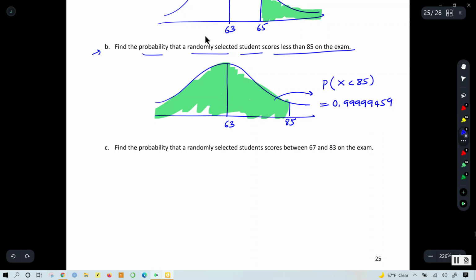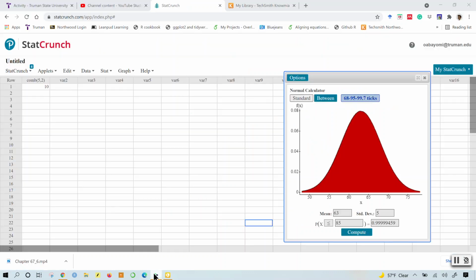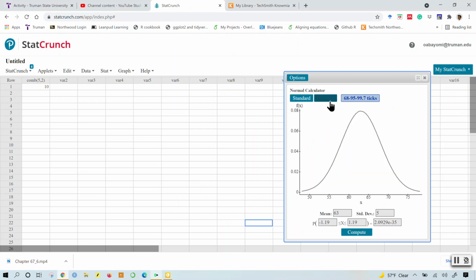And for the next part of the question, we have to find the probability that a randomly selected student scores between 67 and 83 on the exam. I'll locate my central value, the mean, locate 67, locate 83, and I'm interested in the region between both. So in this case, I'll go back, choose between.